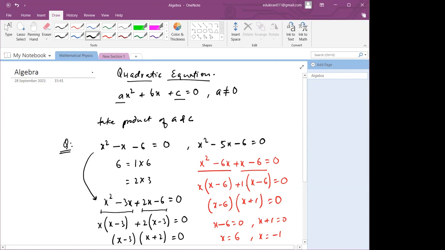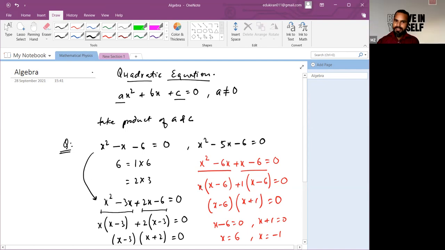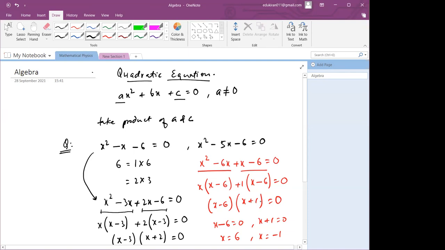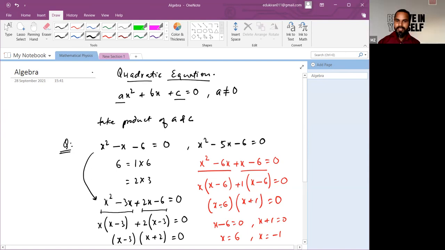So if you take out common from both these two terms, what we're left with is x here and +1 here. Now I have just defined that if the product of any two numbers is equal to 0, it means either of the two terms would be equal to 0. That's why I've equated each term to 0 to find the value of x.